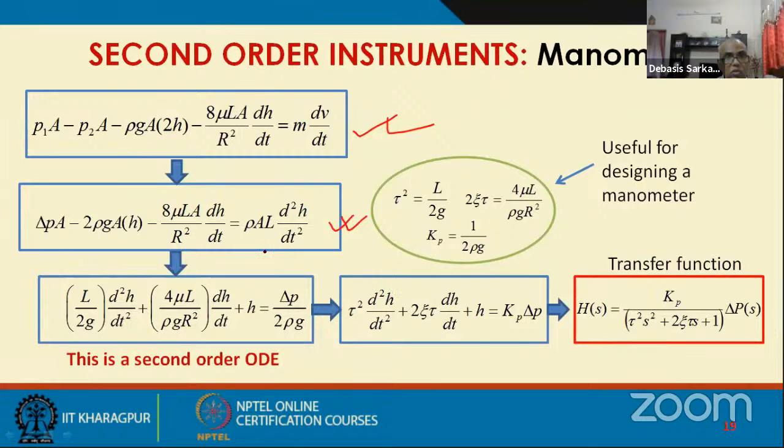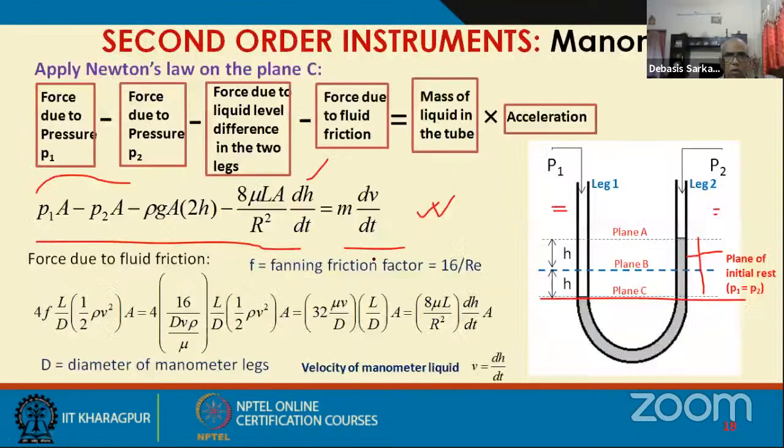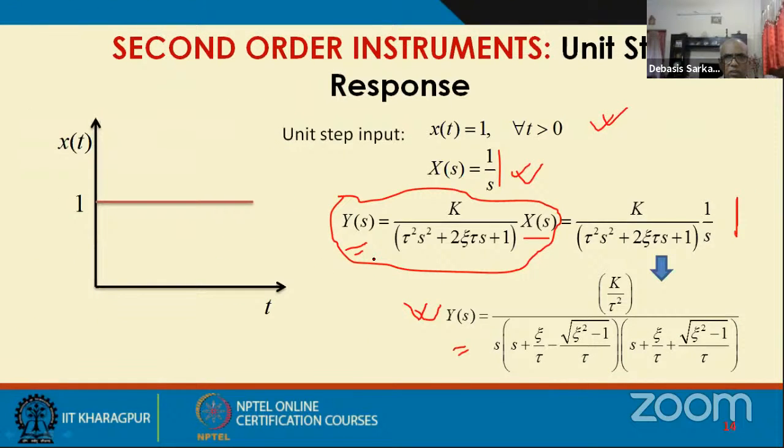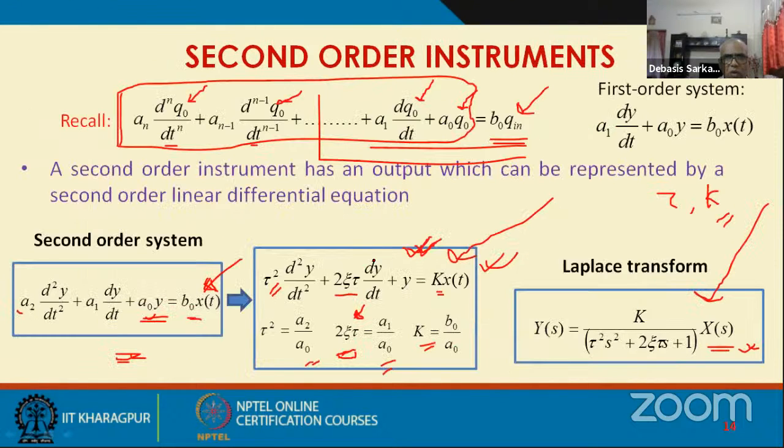Now, this equation reduces to this. And now we can write this equation in the form like A2 by A0 d2/dt square, or tau square s. Okay, let me show you. So you can write the manometer equation like this.